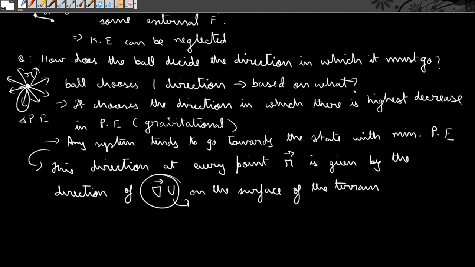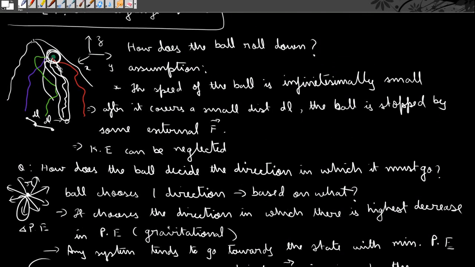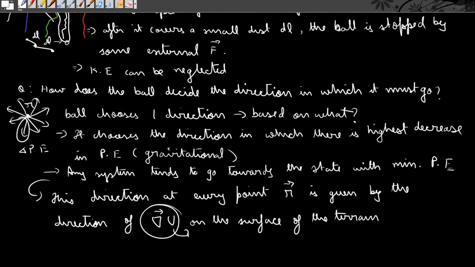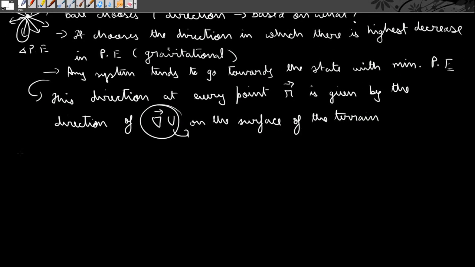Now, we know that the ball is going to choose a particular path, but how do we exactly define a path? So how do we define the path?